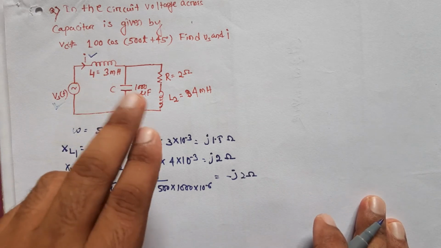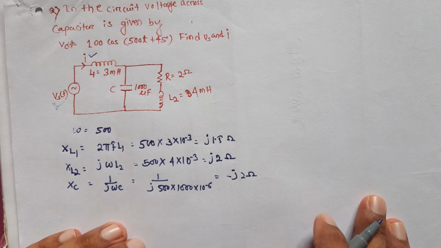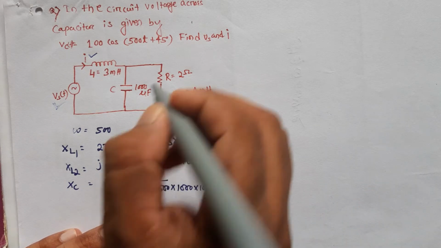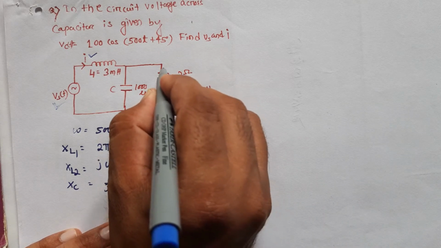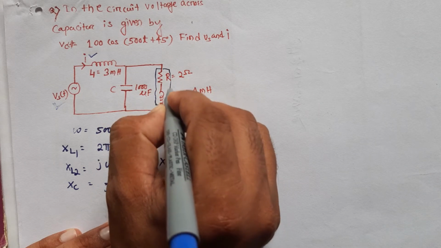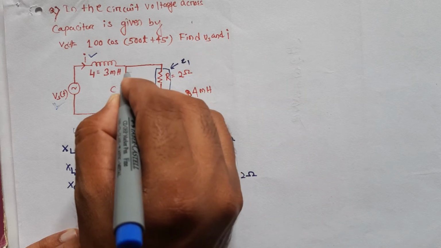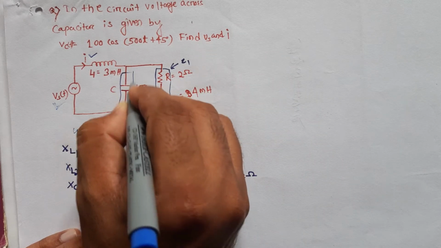Here we find these values in terms of reactance. Next, let us consider the impedance of these two, the RL branch, as Z1, and the capacitor branch as Z2.